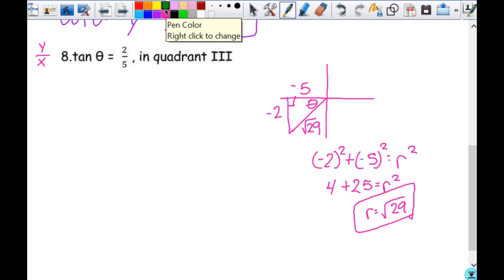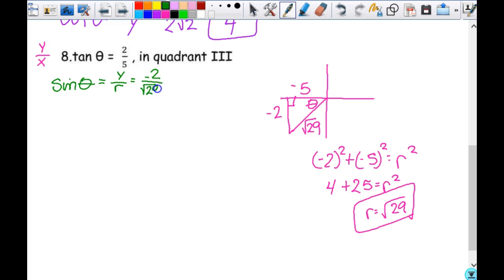Yes? So I'll start with sine. Sine theta, y over r. So that's negative 2 over the square root of 29, which becomes what? Negative 2 square root of 29 over 29. Makes it look even uglier, but makes it legal then.